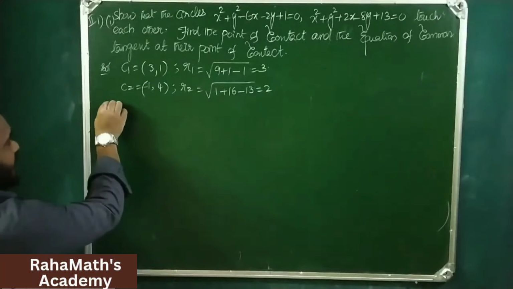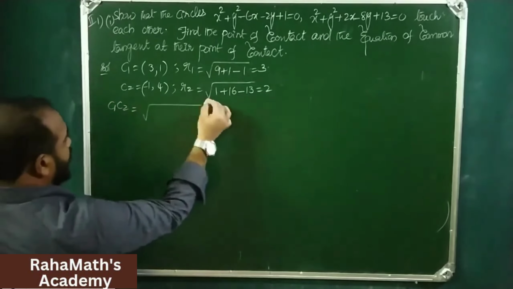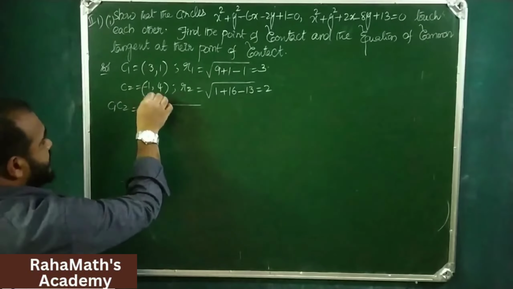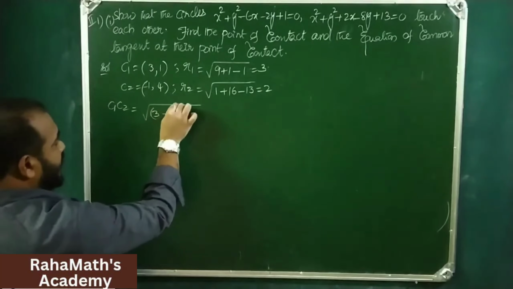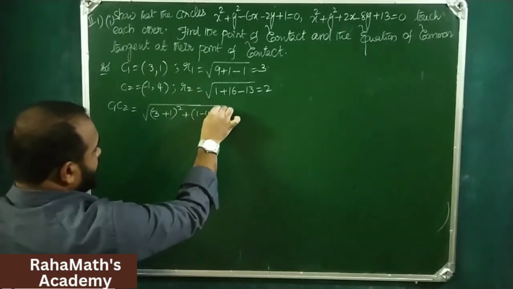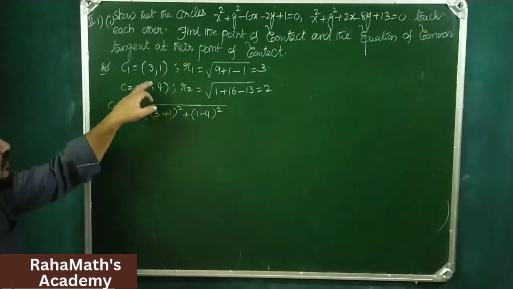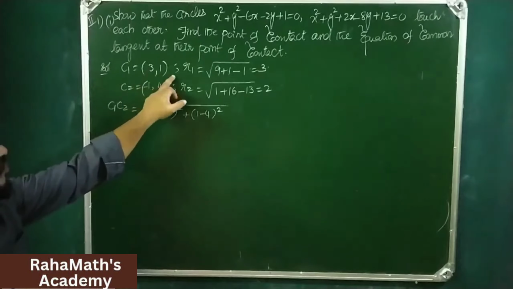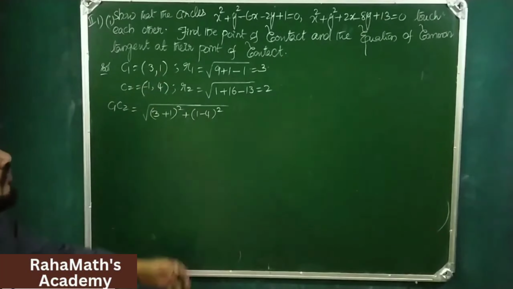Now C1C2 is equal to square root of (3 plus 1) whole square plus (1 minus 4) whole square. So the distance formula I am applying: C1 is (x1, y1) and C2 is (x2, y2).